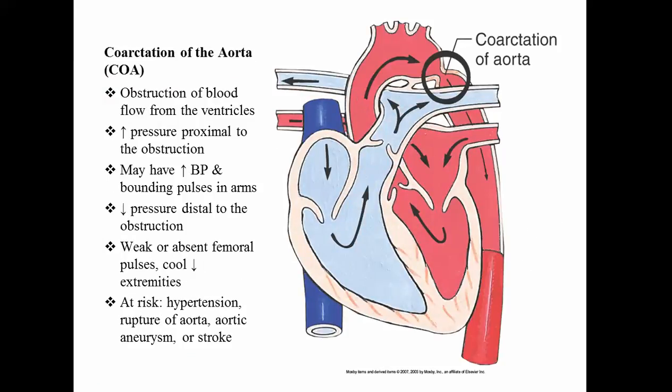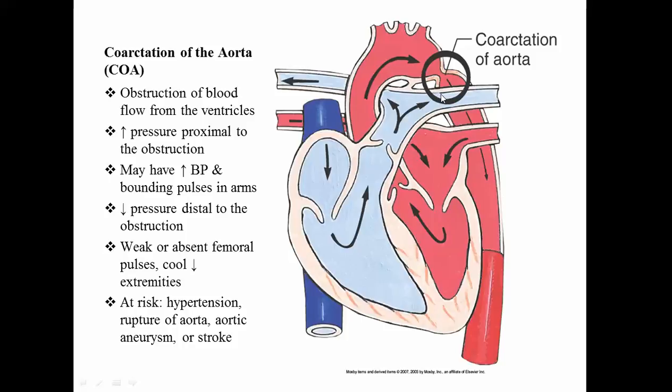Okay, so now we are moving on to defects where there's an obstruction of blood flow from the ventricles. So coarctation of the aorta, or COA: as you can see, there is narrowing at the aortic arch. So there's a stenotic area, and it's near the ductus arteriosus.